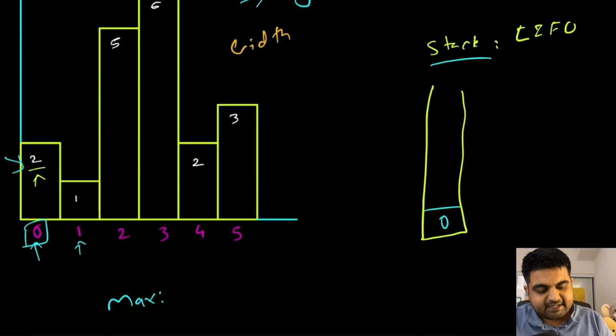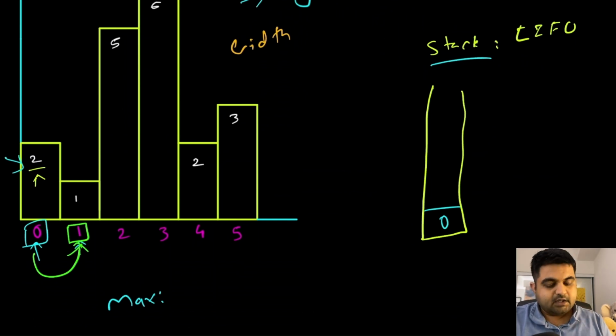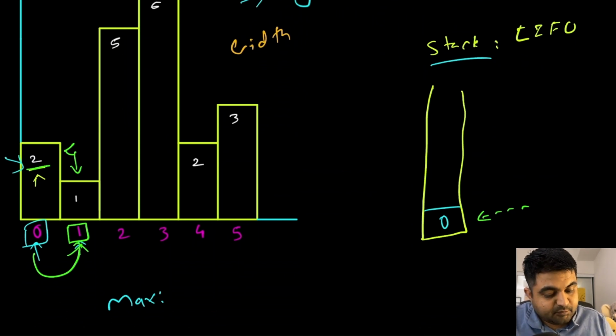Now next thing is we iterate over to the next element and we identify that currently we are at index position 1. So the height at this index position is actually less than the height we currently have on the element that is already present inside the stack, which means this position of this element 2 is no longer relevant because we found a value that is lesser, which means this only exists until this portion.